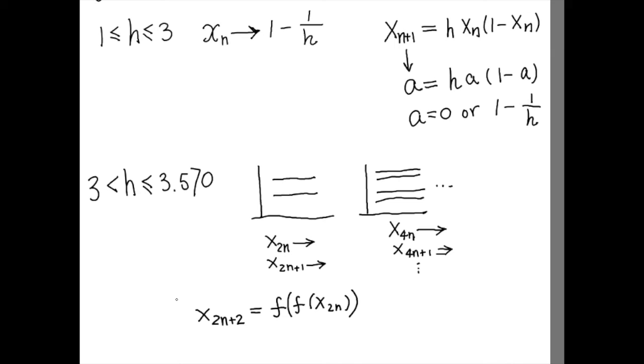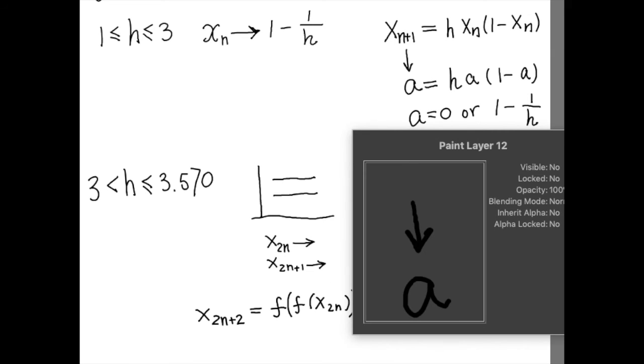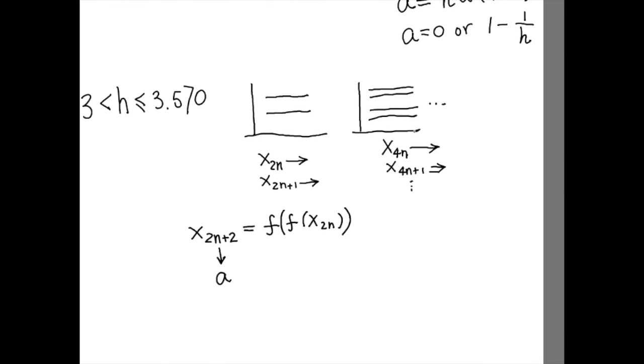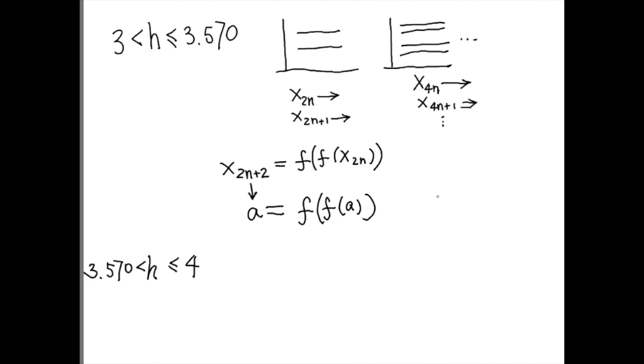Again, you start with a relationship, a function like this, and you say, okay, if the subsequence goes to a number a, not 0, then you have this equation. The sequence goes to a, x_n also goes to a, and then you solve this equation. It's a polynomial equation. And when h is greater than 3.57 and less than or equal to 4, all I can say is it is chaos.